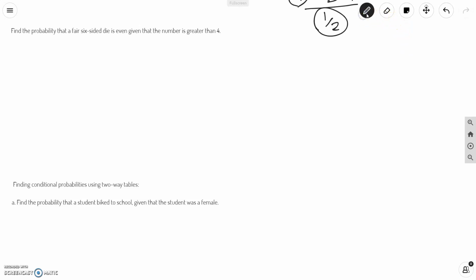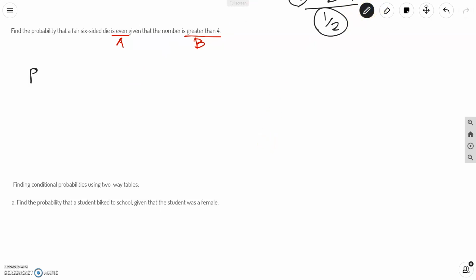Now the third example is also going to be very similar. Here we want to find the probability that a fair 6-sided die is even, given that the number is greater than 4. So I'm going to say that even is my event A, and the number being greater than 4, let's call it event B. Now, again, we can just plug even and greater than 4 into the formula.